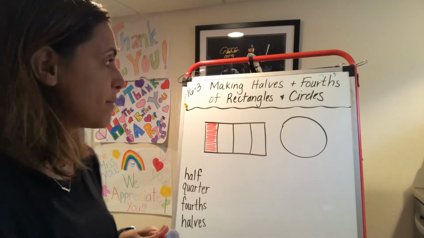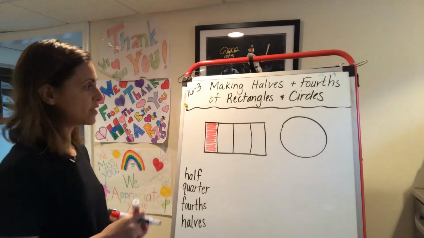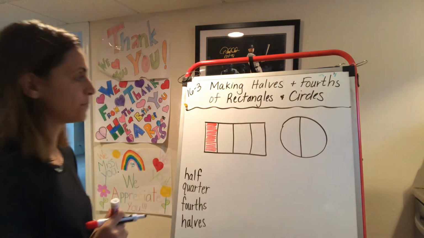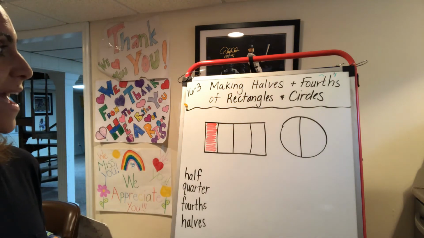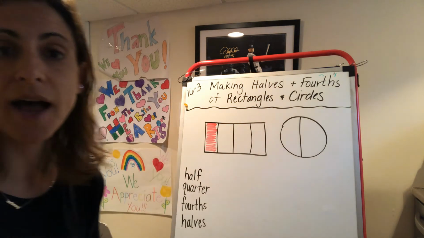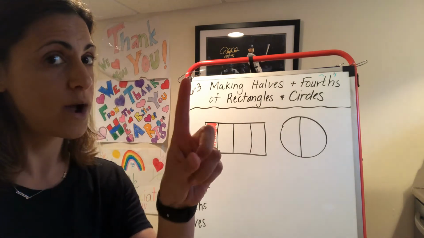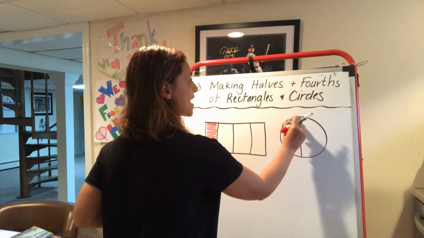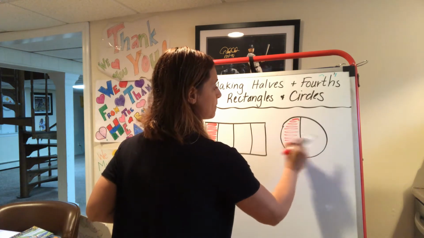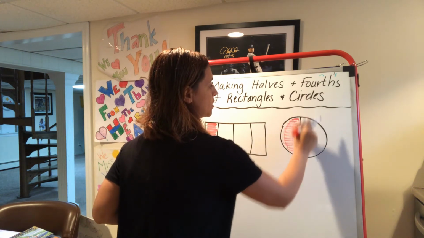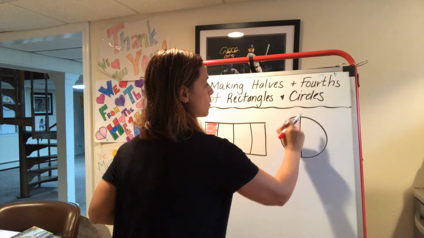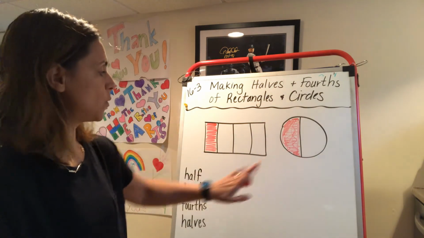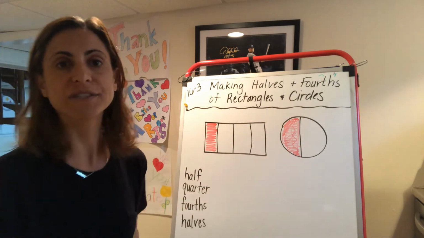Now let's look at the circle. If I divided my circle in halves, that means I divided it into 2 equal parts. If I said that is a pizza pie and Mrs. Sirigliano ate 1/2 of the pizza pie, that means I ate 1 out of the 2 equal parts, or 1 part is shaded. 1 out of 2, 1/2, halves.